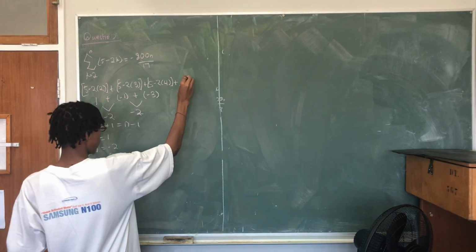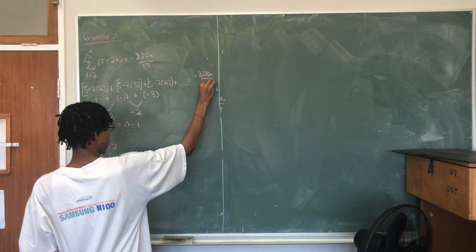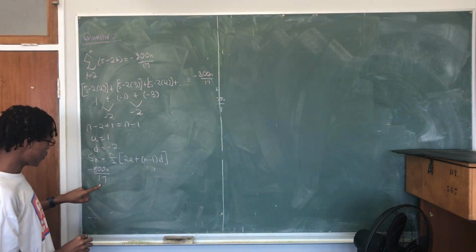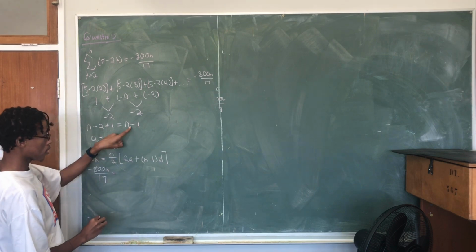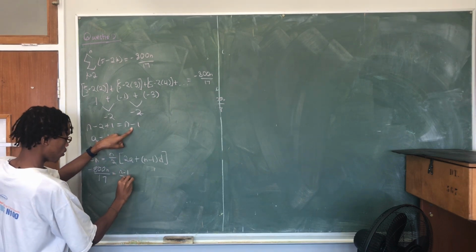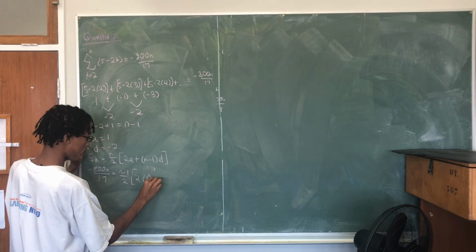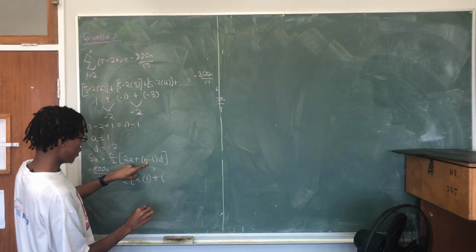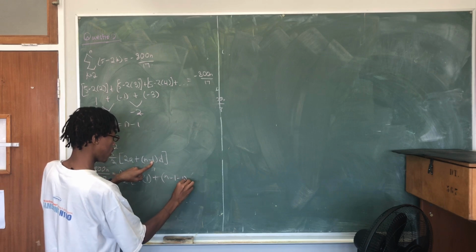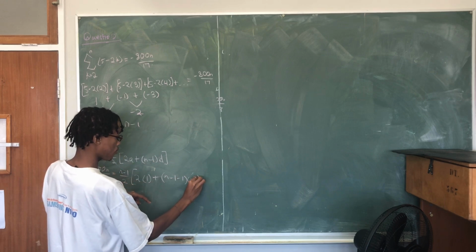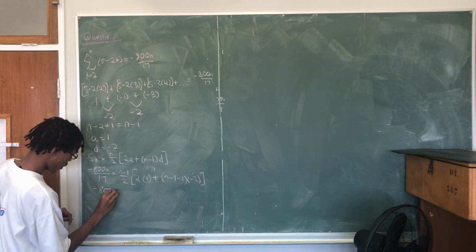Our sum is going to be negative 800 over 17, so negative 800 n over 17. The number of terms is going to be n minus 1 over 2 times 2. Our first term is going to be 1 plus n minus 1, and then minus 1. The difference is going to be negative 2.